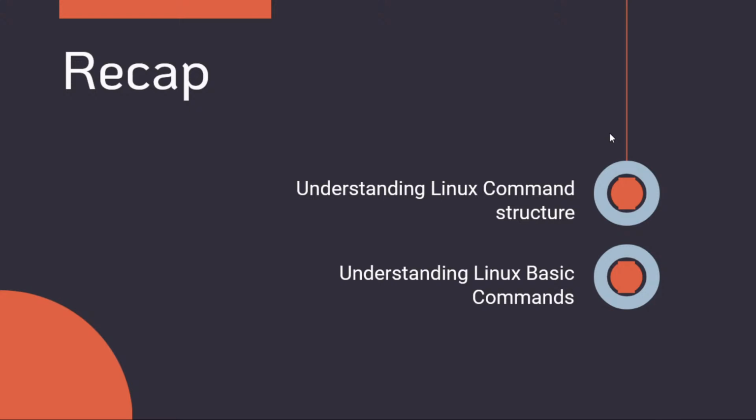Then we discussed some of the basic commands like date, who, cal, clear, ls, cat, touch, mkdir, rmdir, rm command, who am I, hostname, uname. So all these, close to 20 commands, we discussed today on Linux.